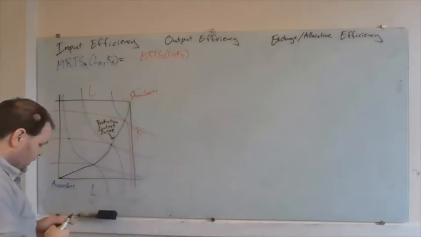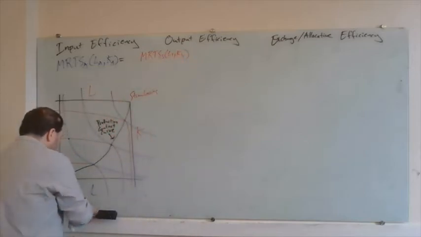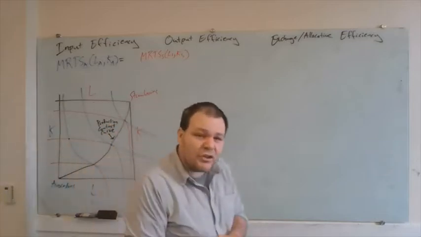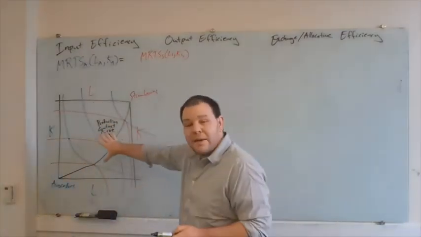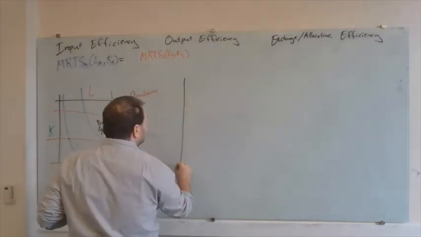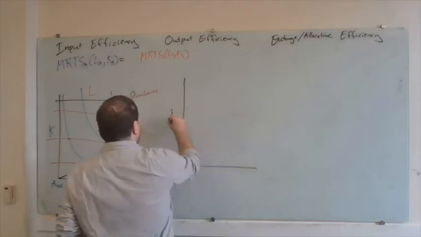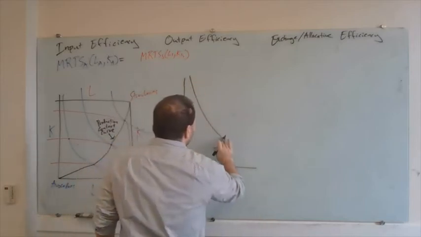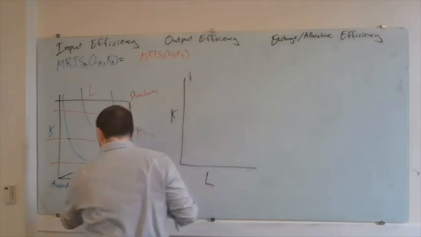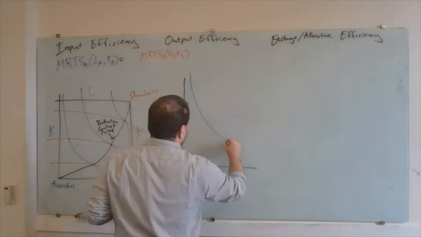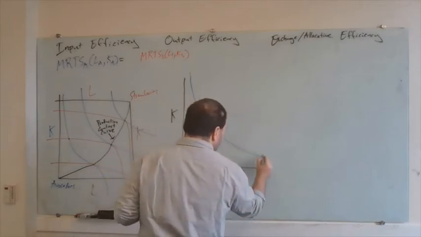Cool. So why does this happen in a competitive equilibrium? The reason is because each of the industries is going to be minimizing their costs, right? And if we think about the avocado industry, in order to minimize your costs, you think about all the combinations of labor and capital that produce the amount of output you want to produce.